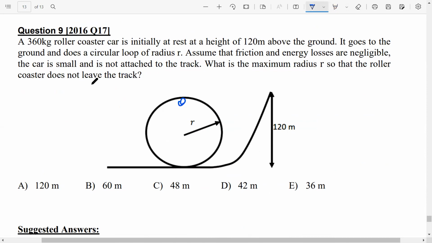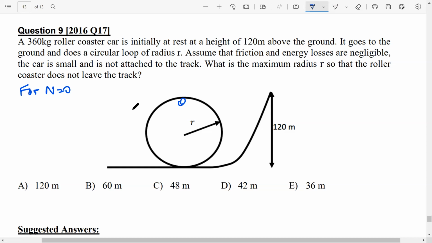You can see does not leave the track, means in contact. We use N equals to 0 to calculate the limit, so it's easier. It can be the maximum or the minimum, it doesn't matter. We just know that that's the limit, the maximum or minimum value.